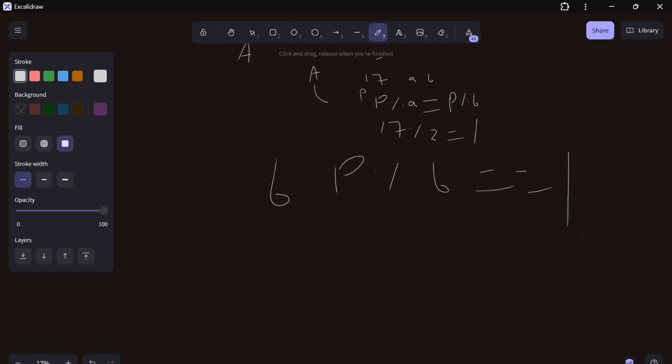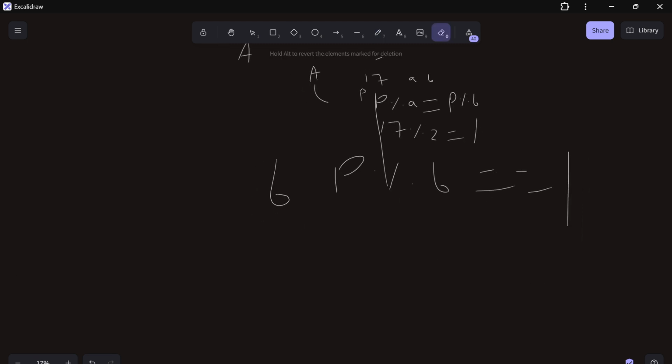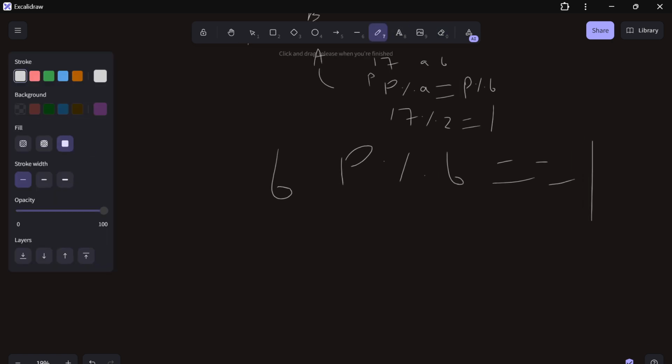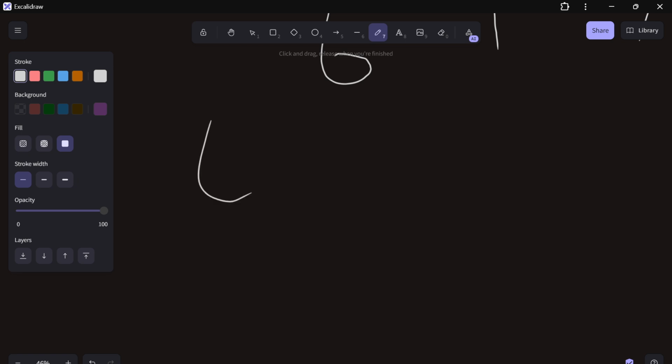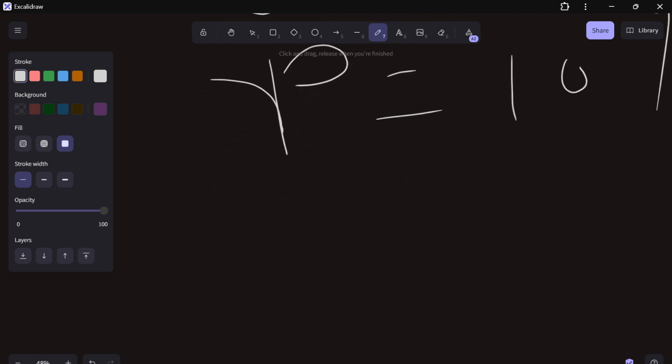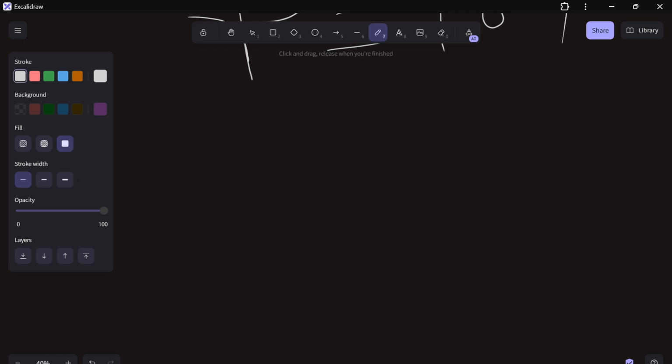Suppose these are the given test cases. t equals 10 power 3 and n, that is p, is given up to 10 power 9. Suppose you find this modulo by a for loop.